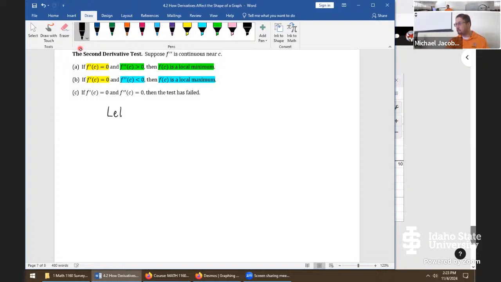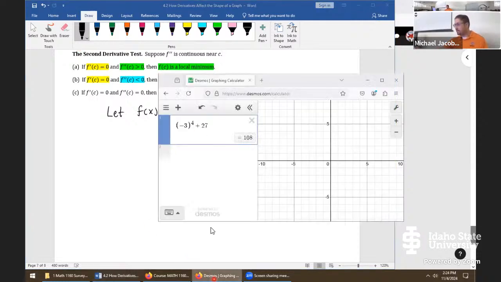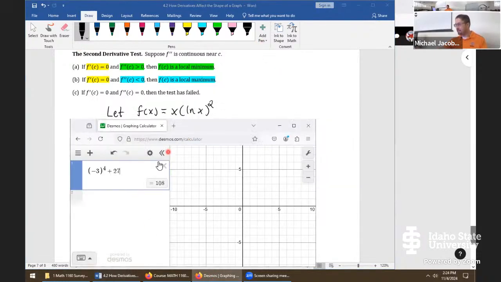Well, to illustrate the second derivative test, let's put down an example function. Let f of x equal, and I have one here in my cheat sheet, x times natural log of x squared. So that's the function we want to investigate. Let's do a really quick graph on that. Because of the natural log x in the problem, the domain starts at 0, excluding 0 as well.